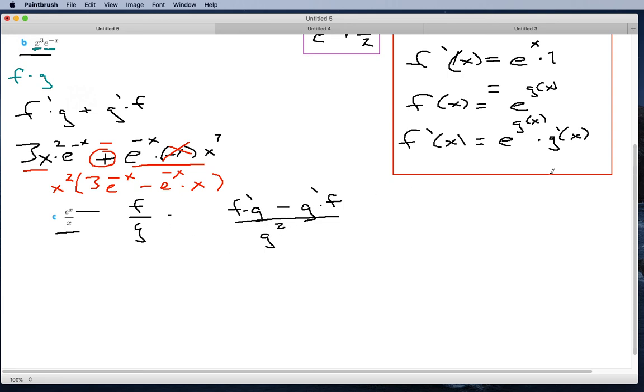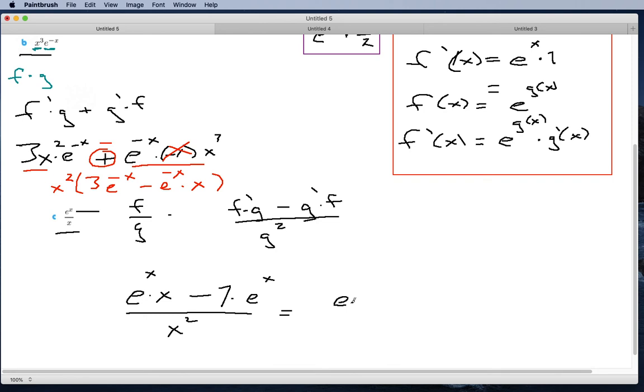If we use this notation and begin deriving, e to the x is my top. The derivative of e to the x is just e to the x, times the bottom, which is x, minus the derivative of the bottom, the derivative of x, which is 1, times the top, e to the x. And we divide this all by the bottom squared, which is x squared.